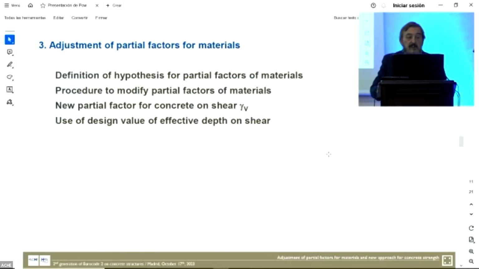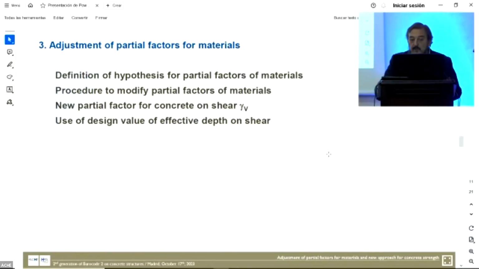The third question is related mainly to Annex A, the possibility to adjust partial factors for materials. I've highlighted 4 points. First, finally we know now what the hypotheses are which underlie the standard values for partial factors.